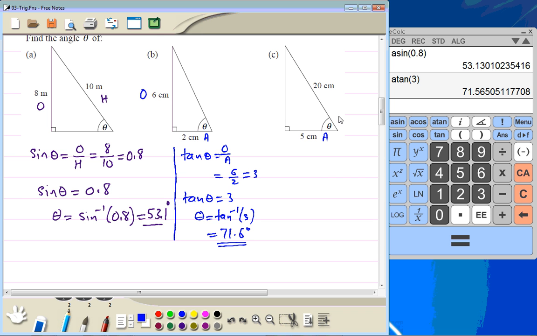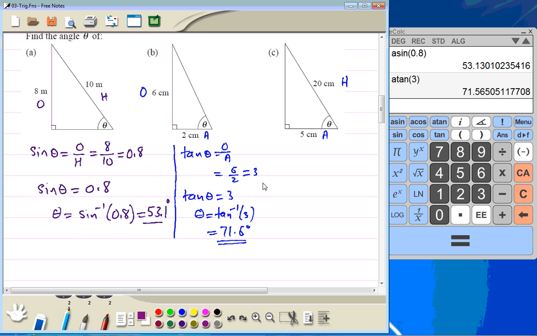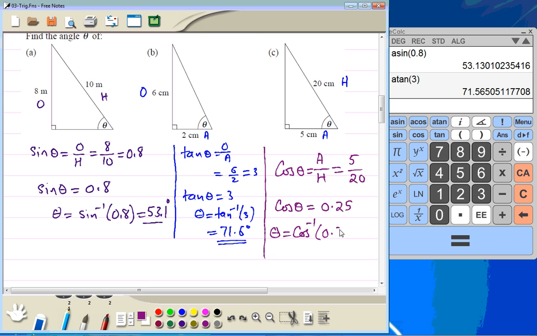In this question we are given an adjacent and hypotenuse. So A and H, that means cosine theta is adjacent divided by hypotenuse, 5 divided by 20, so cosine theta is equal to 0.25, and to find theta, cosine inverse 0.25.